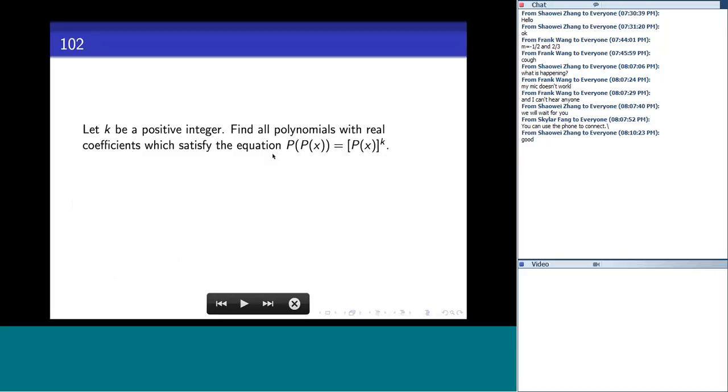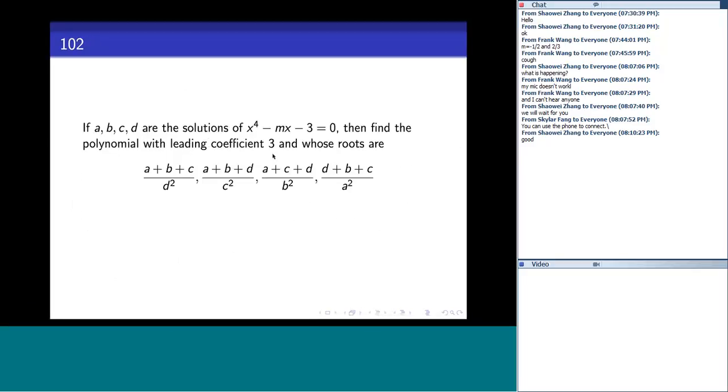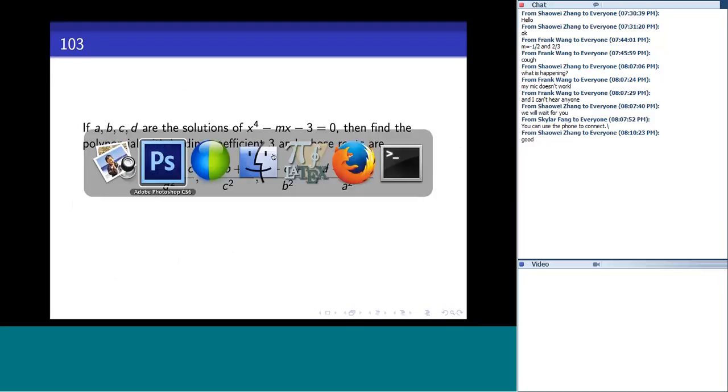3x to the 4 minus mx to the third and then minus 1. What is that? Say one more time. 3x to the fourth minus mx to the third minus 1. Or am I reading the wrong question? So we're on the 103.